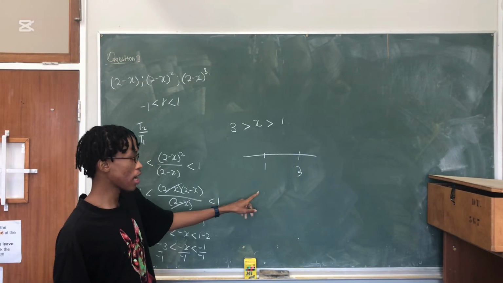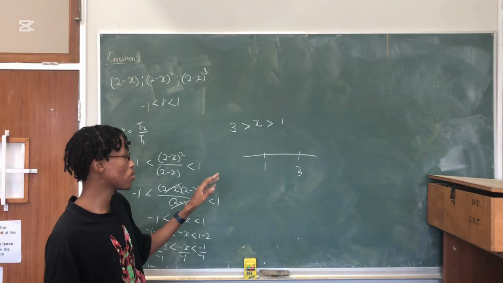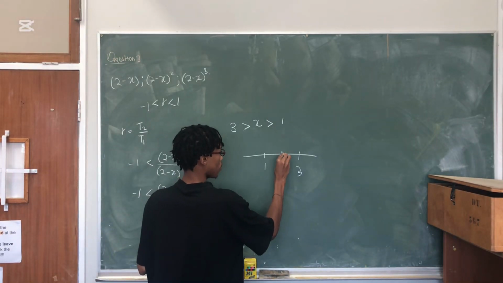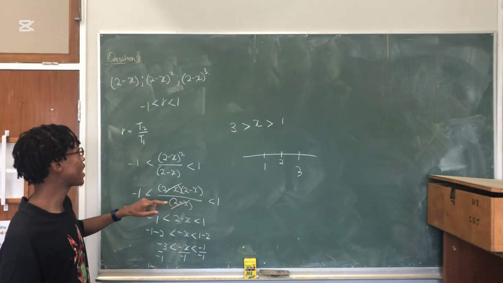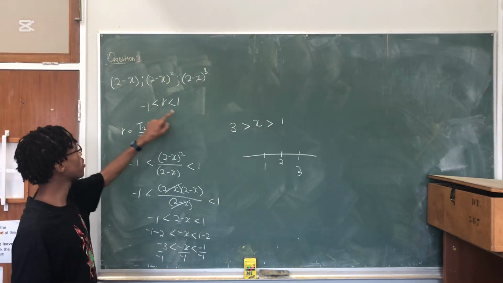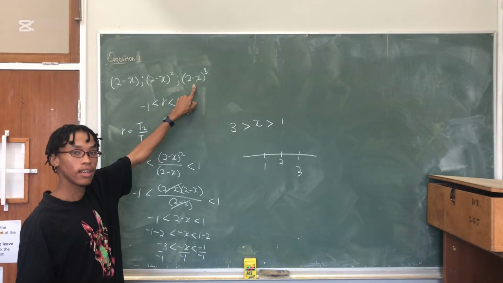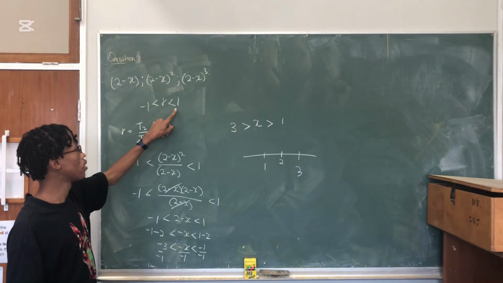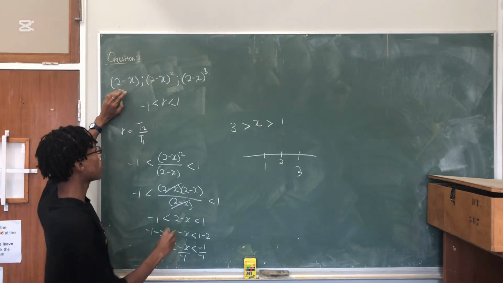And an interesting value between these two that doesn't actually allow the sequence to converge is positive 2. We're saying this because if we substitute positive 2 in these sequences, we'll not be able to find a ratio that's greater than negative 1 and less than positive 1.